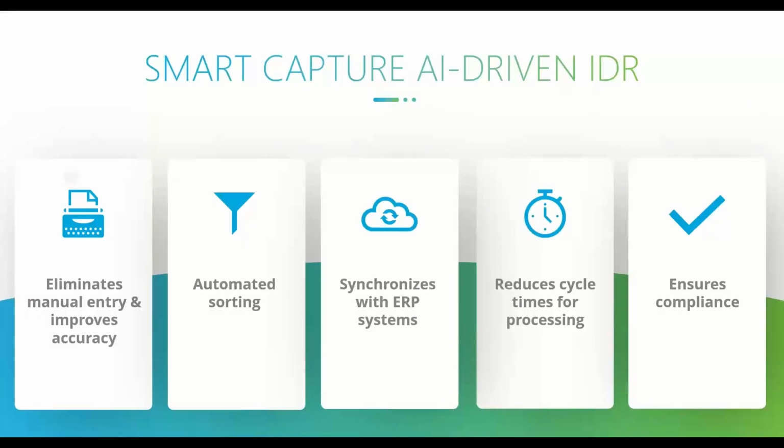Some of the benefits of Smart Capture: it is an AI-driven module, and with those capabilities, we are able to eliminate a lot of the data entry. Through the integration, we're able to validate that this invoice did come from a vendor in your database. We can validate the item numbers.